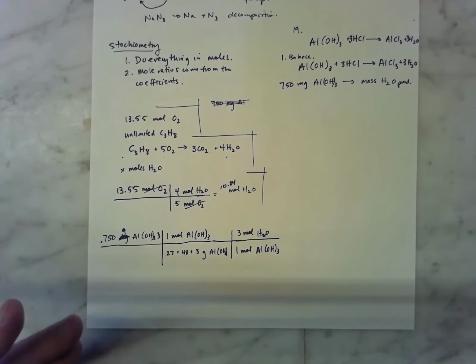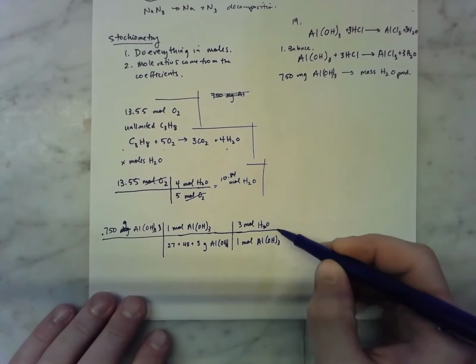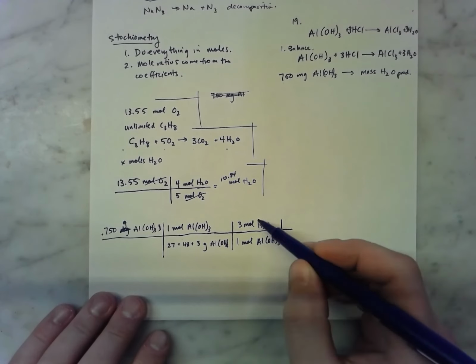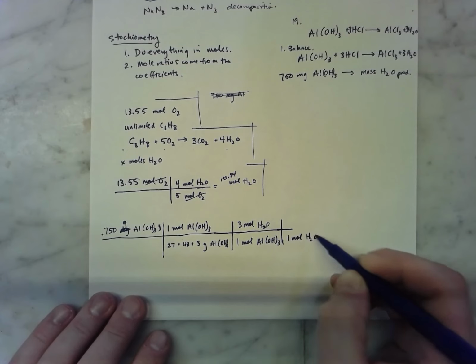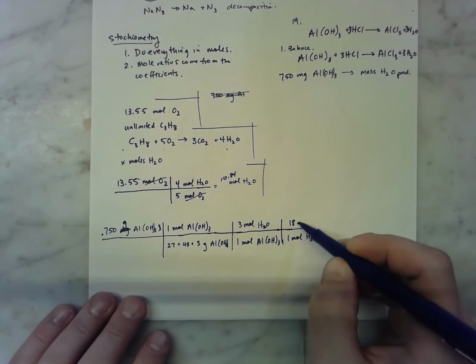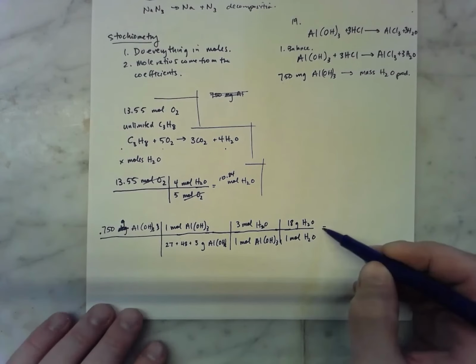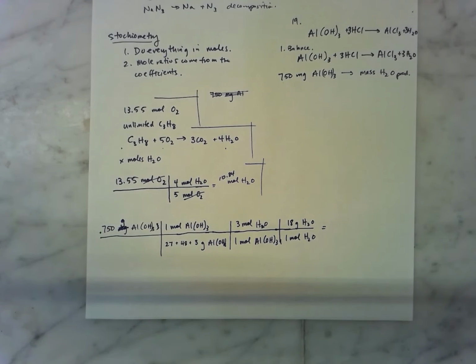If they had asked us how many moles of water that produced, we'd be done, but we're not, because we're looking for the mass of H2O produced. So we've got to get out of moles. So we're going to say 1 mole of H2O, and what's that? 16 plus that is 18 grams of H2O, and that should be our answer.